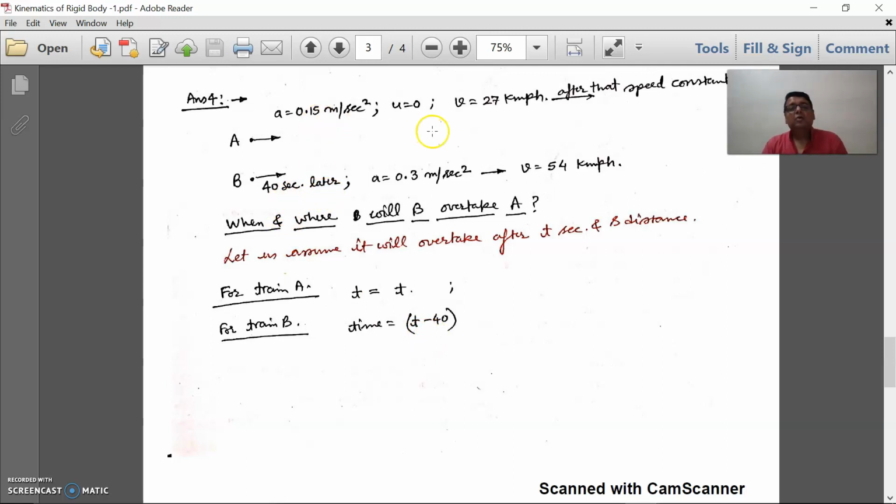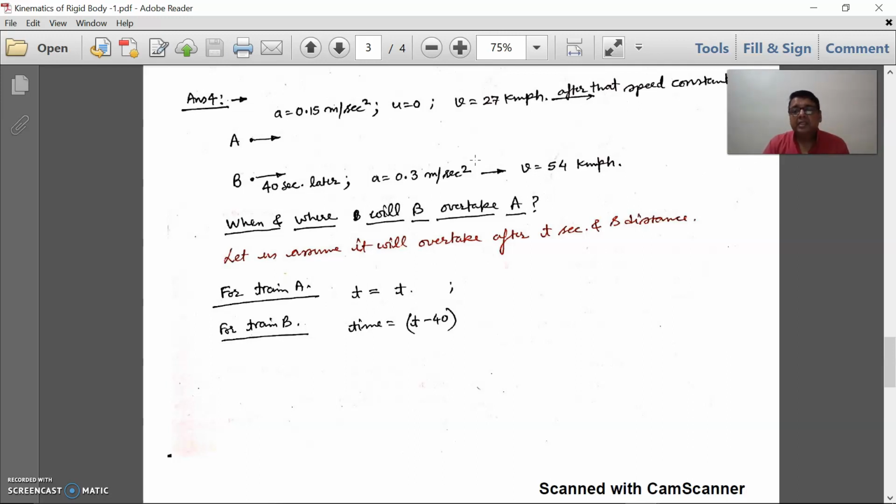Now you can solve this numerical by your conventional approach, the use of different dynamics equations: v is equal to u plus at, s is equal to ut plus half at square, and v square is equal to u square plus twice as. But it will become a bit lengthy.